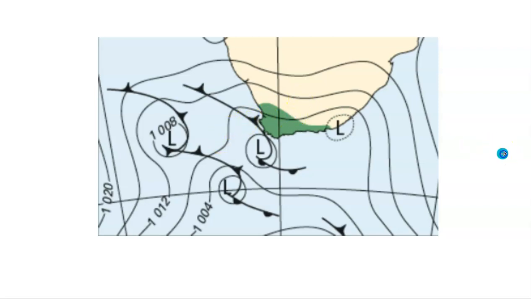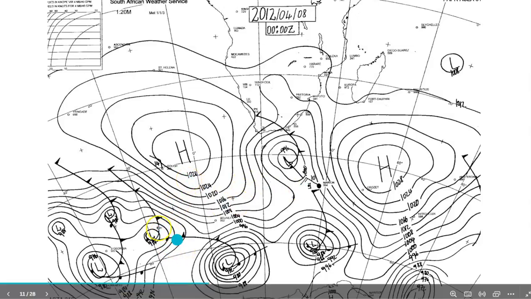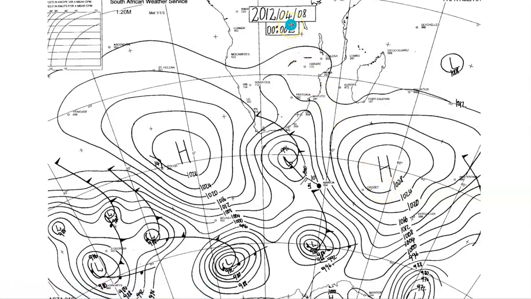All right. Here is a synoptic weather map with hand-drawn isobars and mid-latitude cyclones, etc. This was done for May, and so May is not quite winter yet.